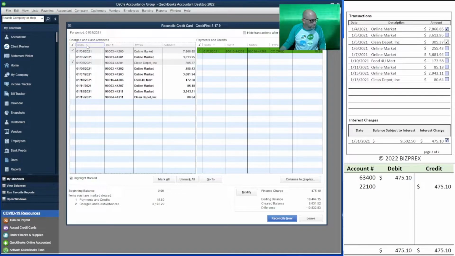Let's sort them by date. Okay, so it's a little bit better. All right, here it is. So far, so good. And if we did everything correctly, we should be able to reconcile this fairly easily.